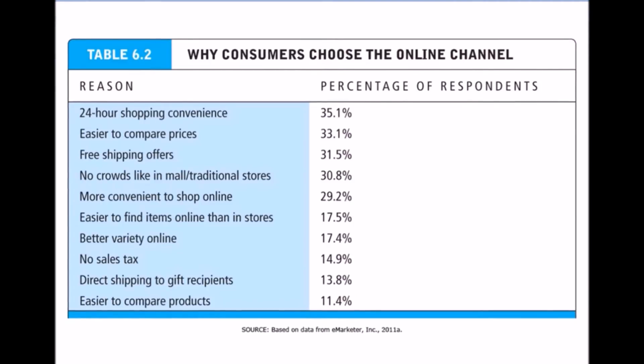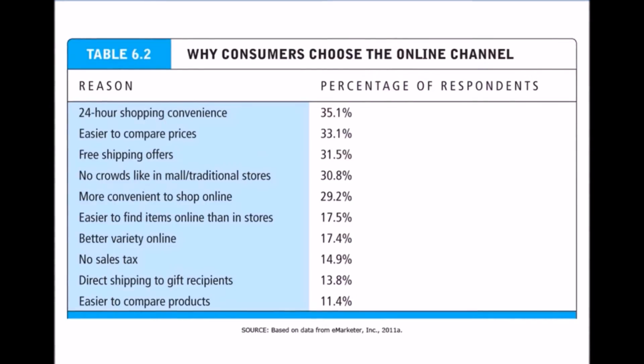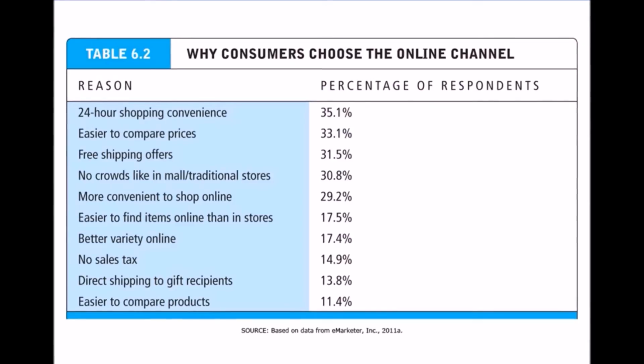What is the convenience coming from: the channel, the social network, or the store? Is it easier to compare prices? There are a lot of websites which go from the higher end to the lower end of one product. So a consumer comes online to see how much he can save as well.